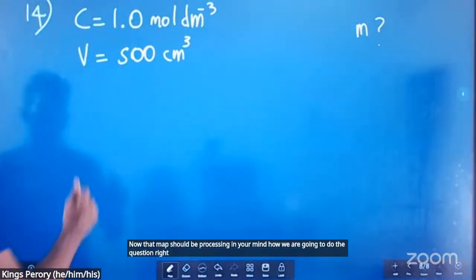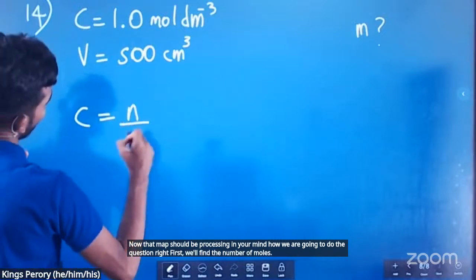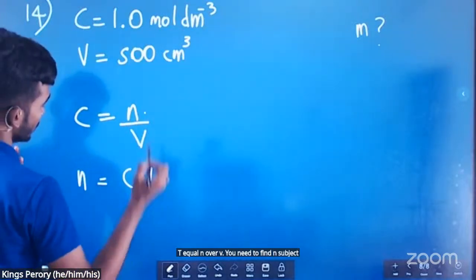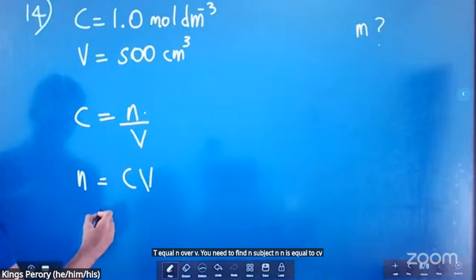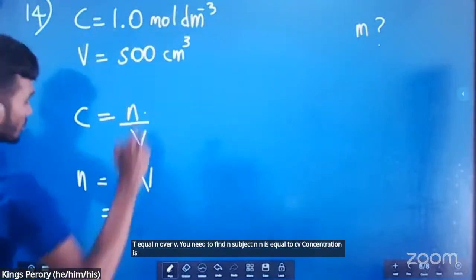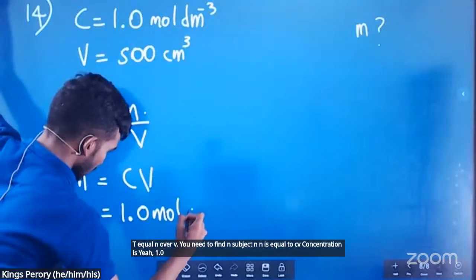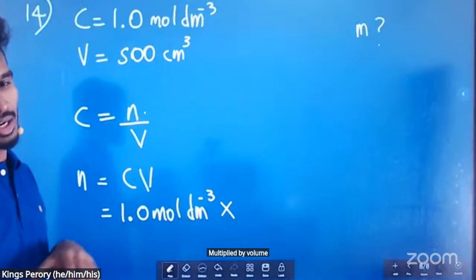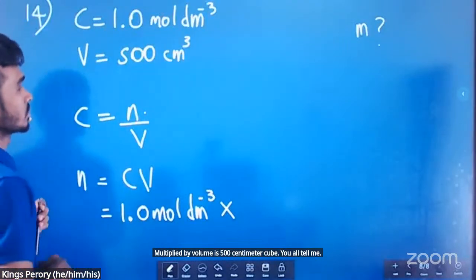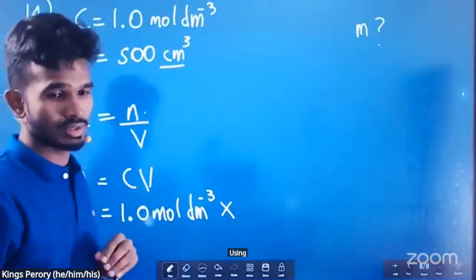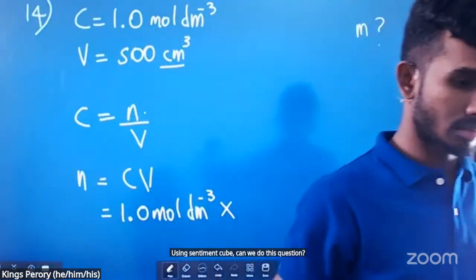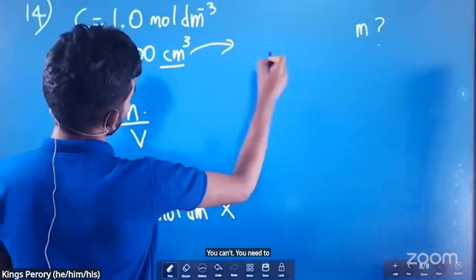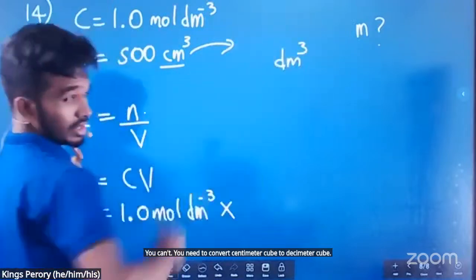Right. First we'll find the number of moles. C equals N over V. You need to find N, so N is equal to CV. Concentration is 1.0 mole per decimeter cube multiplied by volume, 500 centimeter cube. Using centimeter cube, can we do this question? No, you can't. You need to convert centimeter cube to decimeter cube. What's the shortcut I taught you?